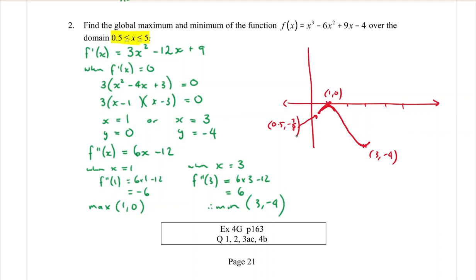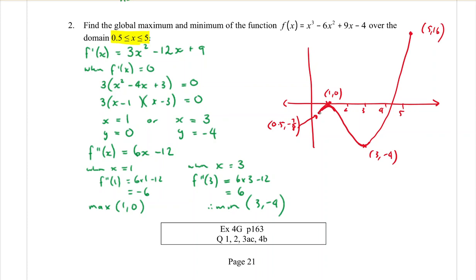When you sub x is equal to 5, so here's my 2, 3, 4, 5 way down here, you will get y is equal to 16. So it's actually getting really high up here. So 5, 16. My graph's going to come up really steeply up there. And don't put arrows on the end because we're only sketching between 0.5 and 5.